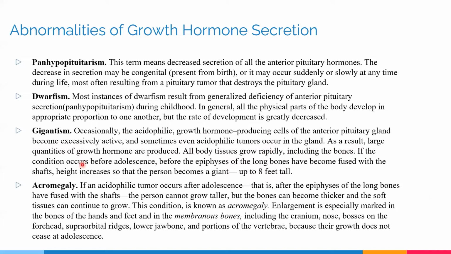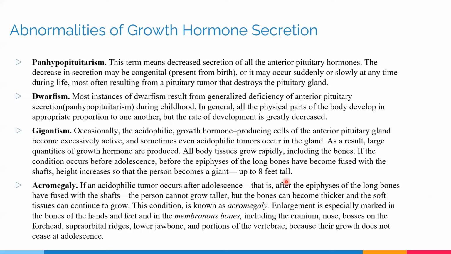As a result, large quantities of growth hormone are produced. All body tissues grow rapidly, including the bones. If the condition occurs before adolescence, before epiphyses of the long bones have become fused with the shafts, height increases so that the person becomes a giant up to 8 feet tall.